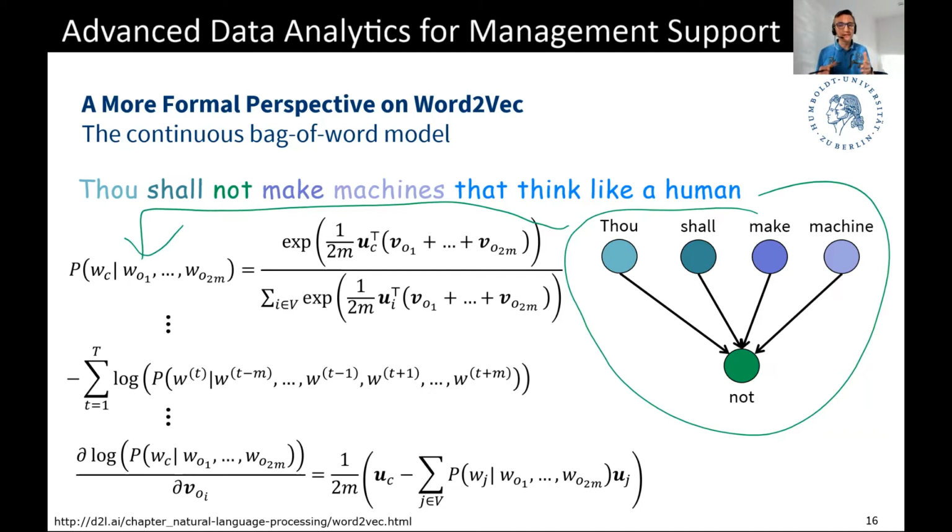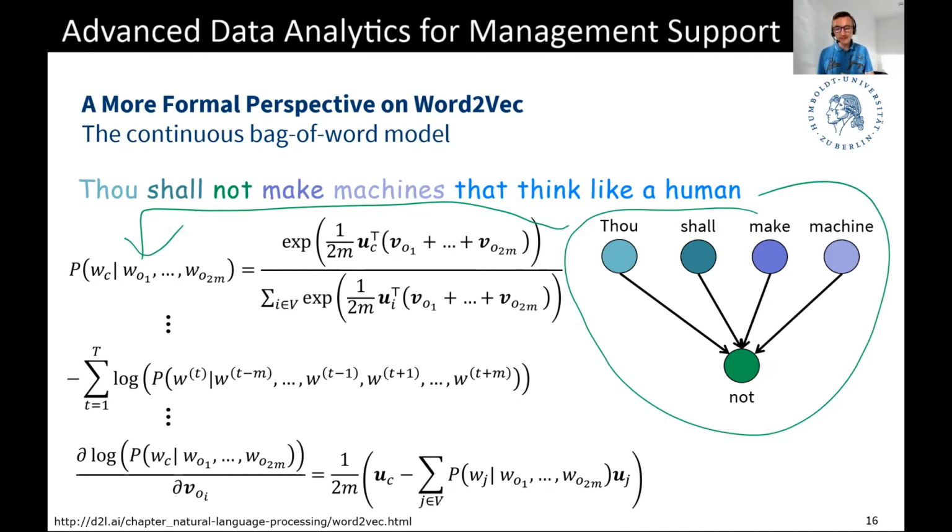But essentially, the main take home here is that the update equation, the gradient of the loss function, looks pretty much alike. We have the word embedding vector u_c, and then we have a sum running over the entire vocabulary.